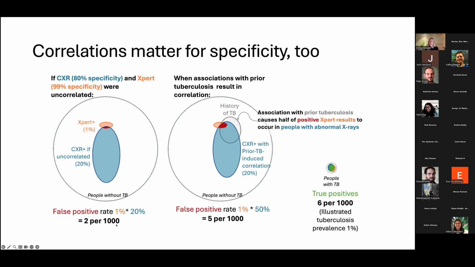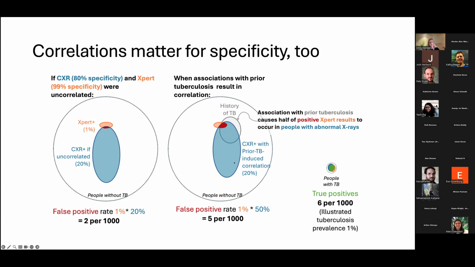But in reality, in populations with a high burden of TB, a major source of abnormal X-rays can be prior TB, either previous TB treatment or maybe TB that people had that resolved spontaneously that they didn't know about. And that is also probably the main source of false positive molecular results.